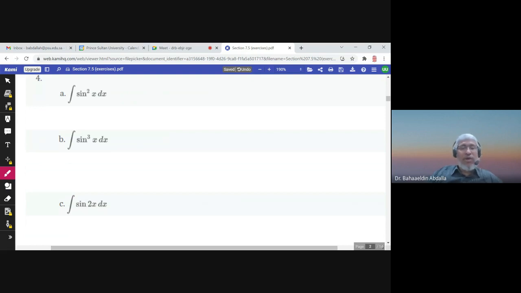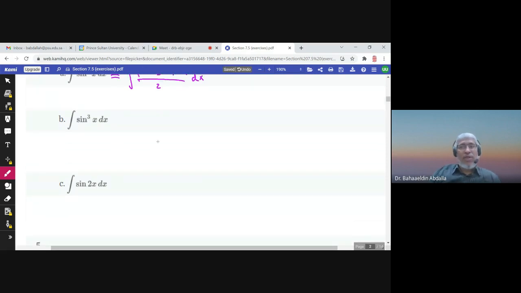The integral of sine squared x, well, we know how to deal with it. We write it as 1 minus cosine 2x over 2, and we continue. We solved this in section 7.2. Also in 7.2, we learned what to do with sine cubed. When we have an odd power, we take u equal to cosine.